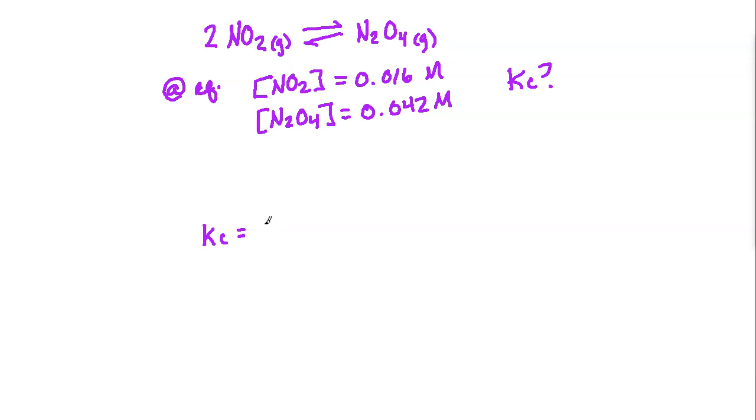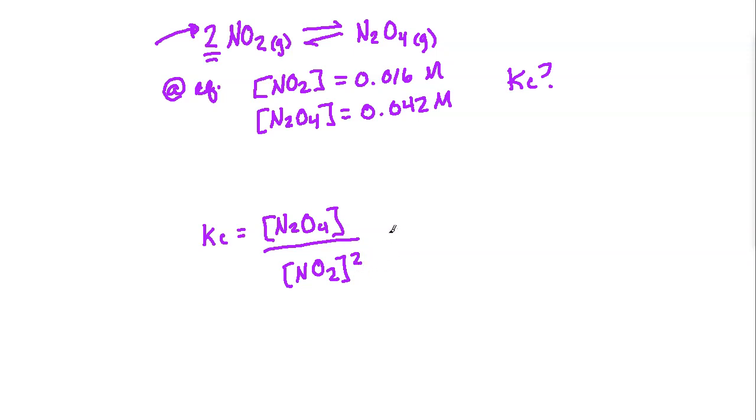So Kc is going to be equal to products, the concentration of N2O4, over the concentration of reactants, in this case NO2. And the NO2 needs to be squared because we have this coefficient of 2 up here. When the stoichiometric coefficient is greater than 1, we need to raise it to that power in order to get the correct Kc.